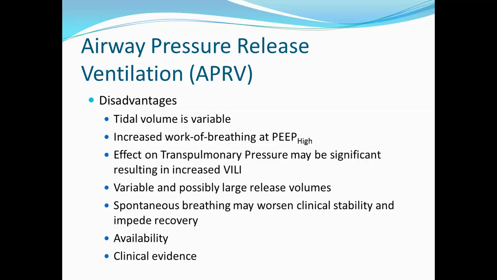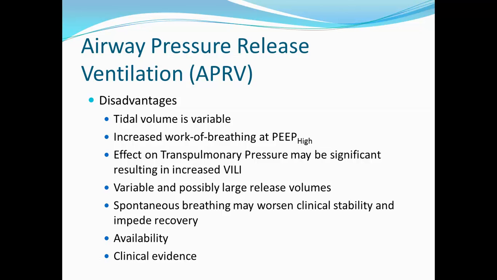Another factor that we need to consider is the transpulmonary pressure. Now, as Jeff talked about earlier in the semester, transpulmonary pressure is the alveolar pressure minus the pleural pressure.